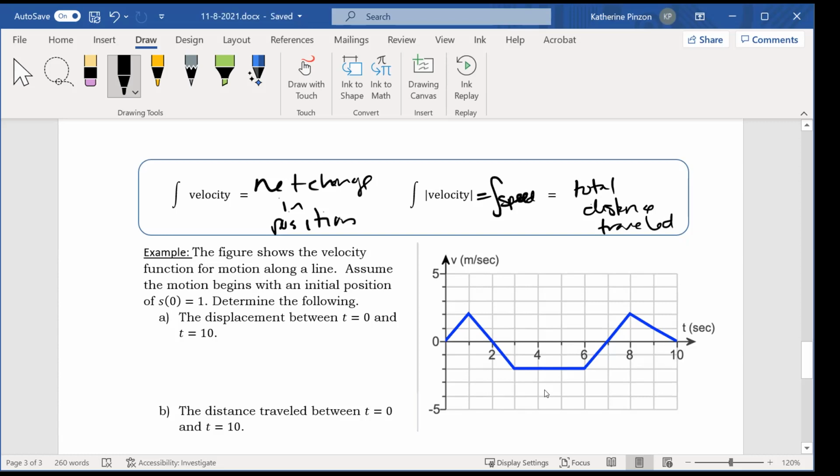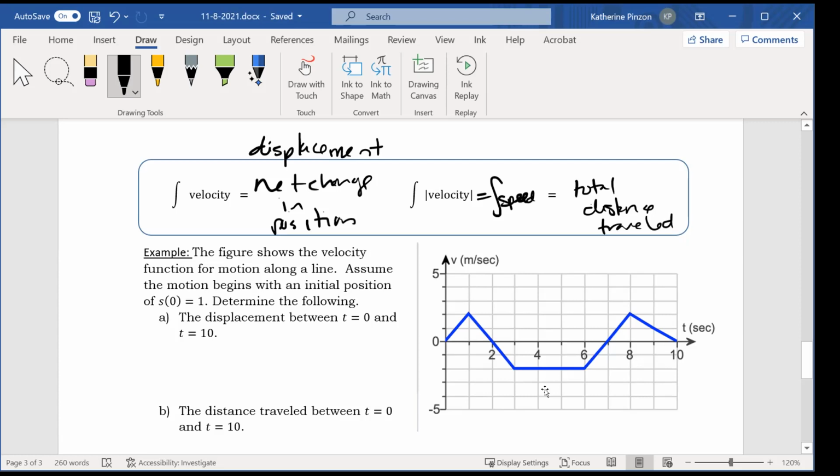Oh, net change is sometimes called displacement. So the integral of velocity gives you displacement or the net change in position. The integral of the absolute value velocity or the integral of speed is the total distance traveled.